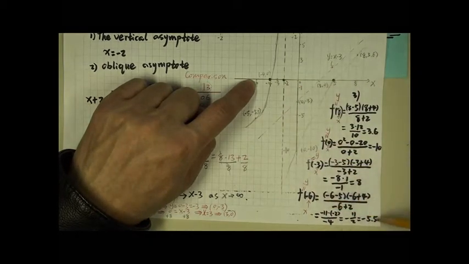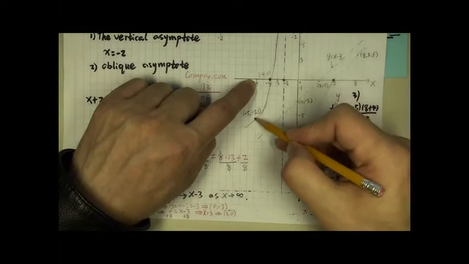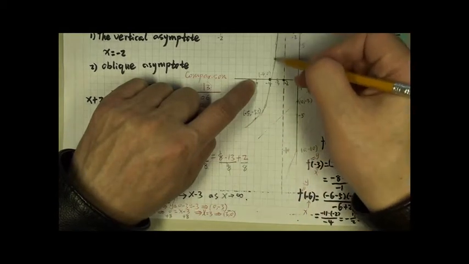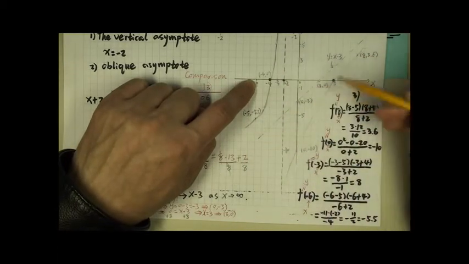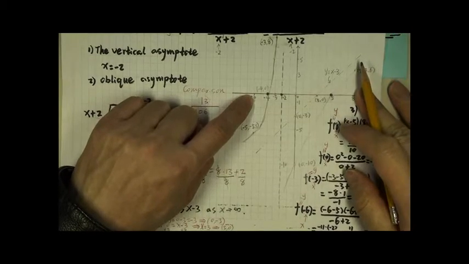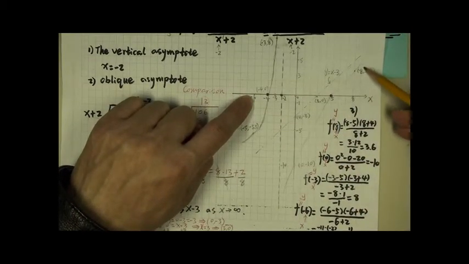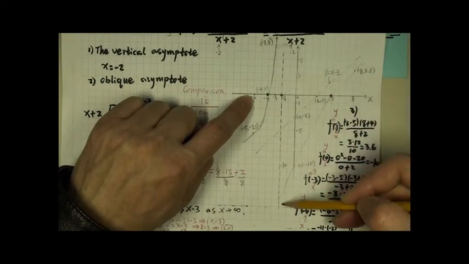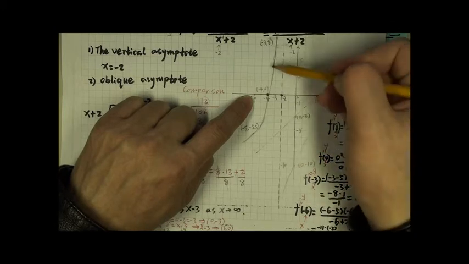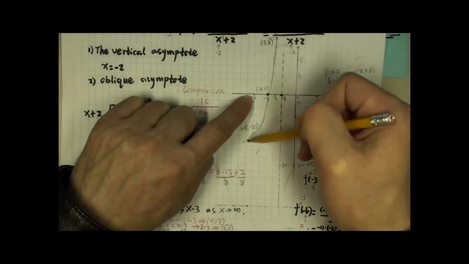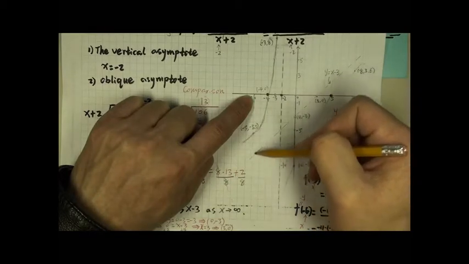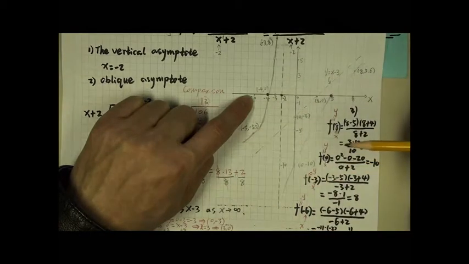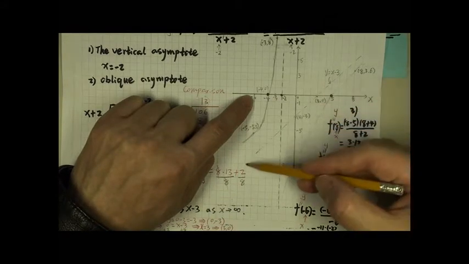So -6 for x, -5.5 for y, this point. Then you can connect. Okay? You can connect those 3 points. Then you know on the right hand side of the vertical asymptote looks like this. On the left looks like this. And this line will approach this asymptote as close as we want it, but never touches this dotted line.